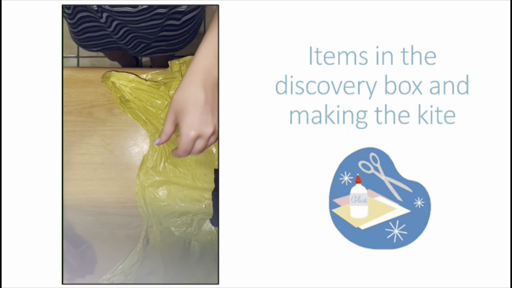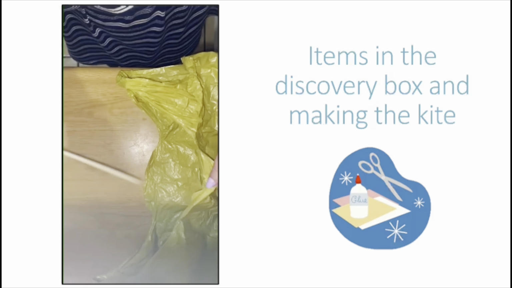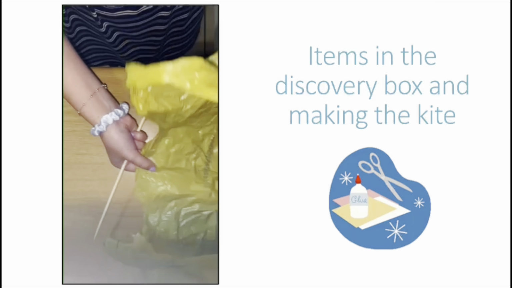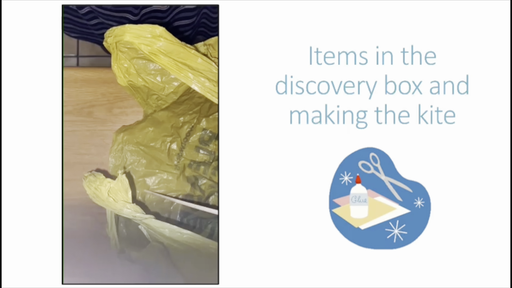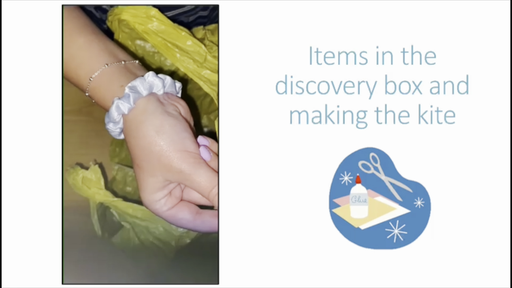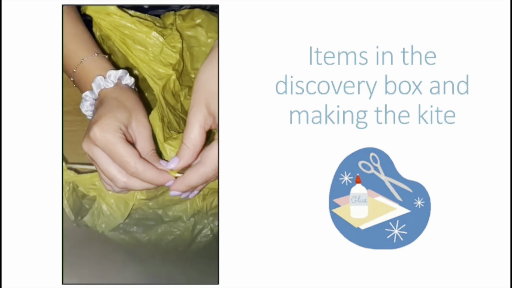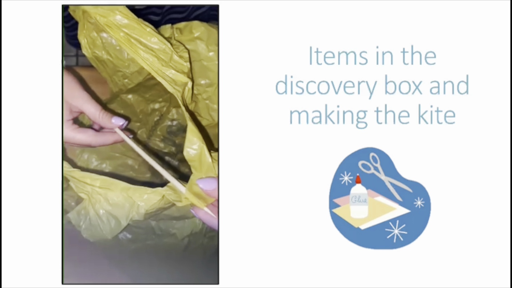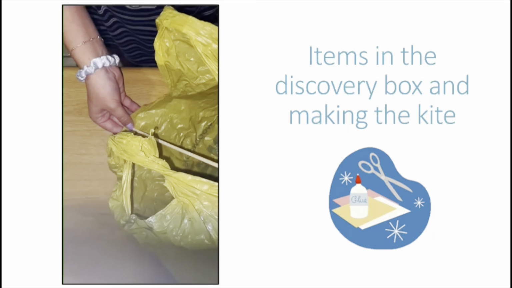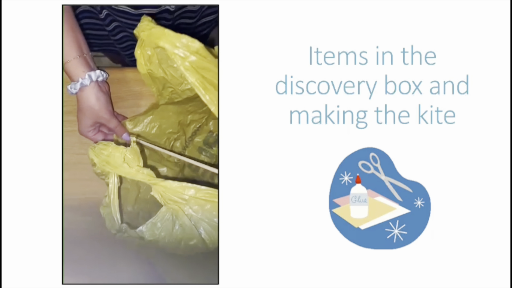So first, you take the 2 skewers and you put the first skewer into the plastic where you want it to be, and then you use some sticky tape and you sticky tape it so that it is closed, and then you sticky tape it at the bottom.